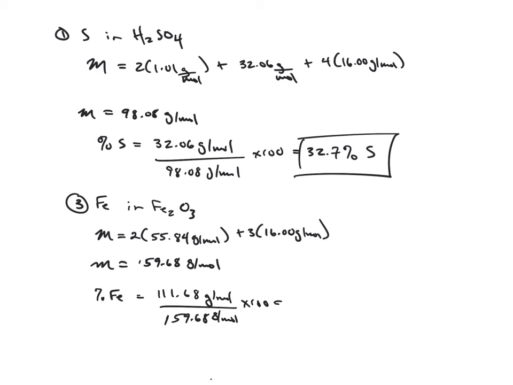All right, and that is going to be, let's see here, it is going to be 69.9, make sure those all look good, 69.9% iron. Okay, now let's take a look at one on page 6 and finish this off so that you can finish up the rest of them. So we'll look at number 11.